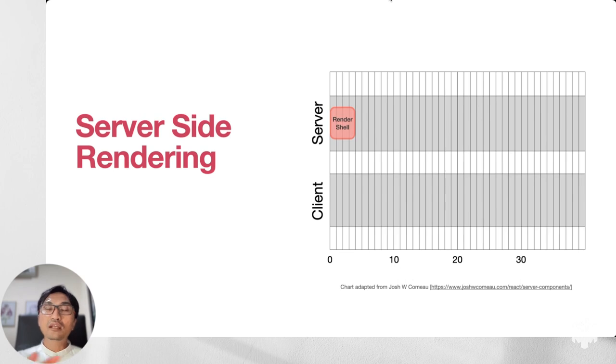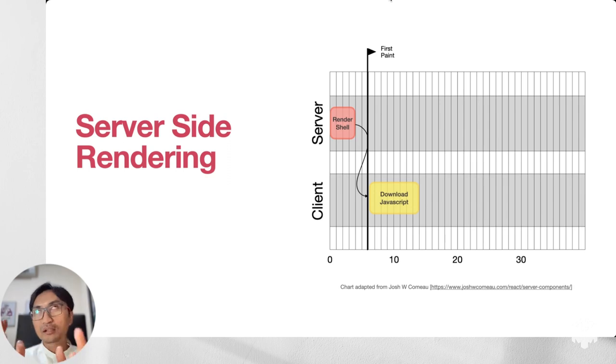In server-side rendering, when a user requests a web page, the server will not directly give the JavaScript files, but instead it will render the shell first so it can send the shell to the client. And here we can already see the improvement. The first paint actually happens after the shell is rendered and sent to the client. Then after first paint, the shell is there and the user can see the shell.